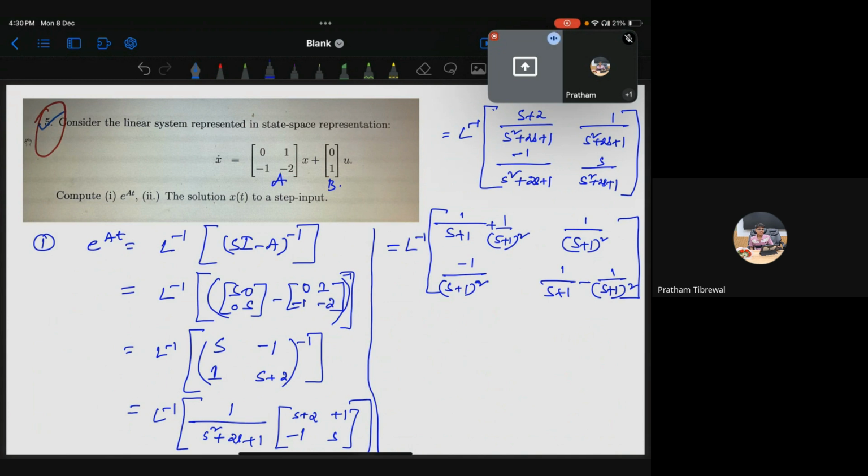Now applying the inverse Laplace transform individually: e power minus t plus t e power minus t. Second one is t e power minus t. This one is minus t e power minus t. This one is e power minus t minus t e power minus t. Is there any doubt in this? So that is our e power At expression. Is it clear?